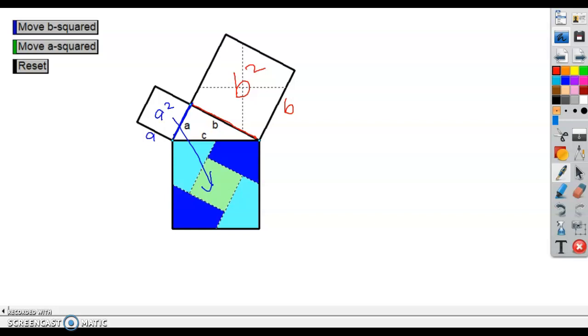We cut that area up, and once we did, we noticed that the area of A squared plus the area of B squared, when we add them together, equals C squared. So here's C. The area of this box with all the color is C times C, so that's C squared. So A squared plus B squared equals C squared.